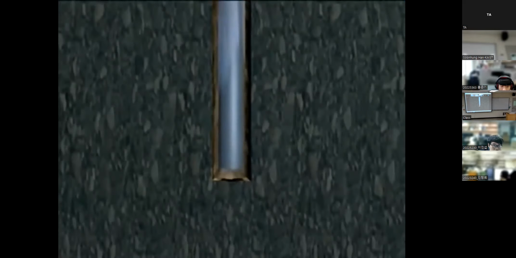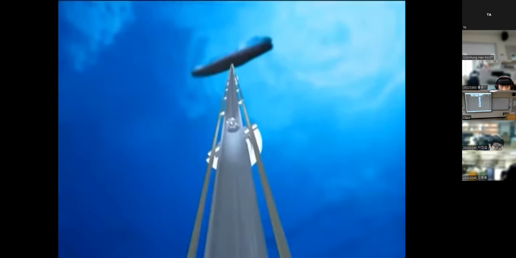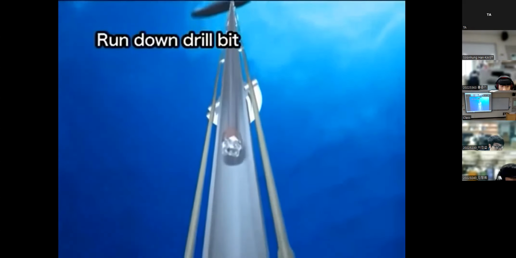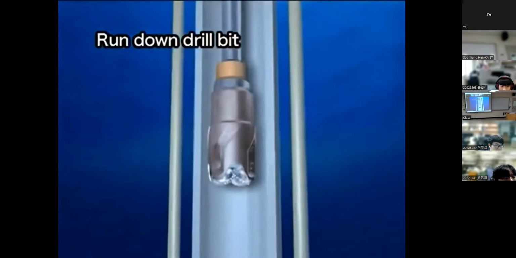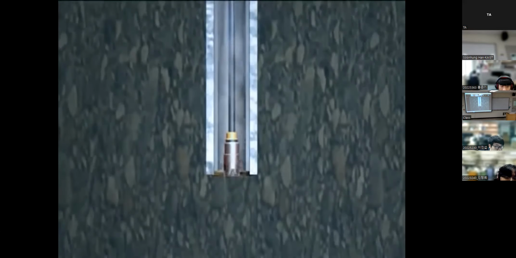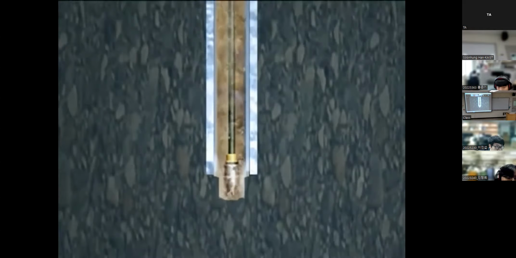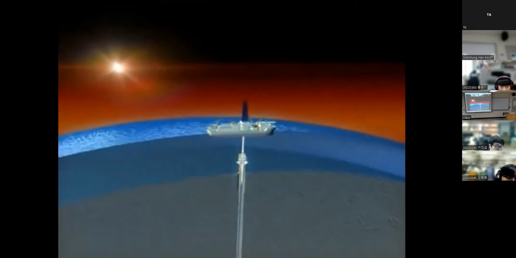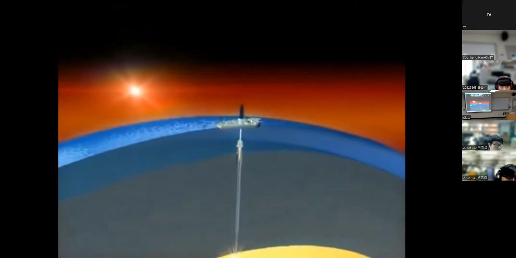After the casing pipe has been installed, cement is pumped into the space between the hole and the casing pipe to fix the pipe in place. Again, an even smaller drill bit is run down through the riser pipe and casing pipe, and the drilling continues. Repeating this process, the Chikyu will drill through the ocean crust to collect fresh, live mantle. This is something that has never been done before.